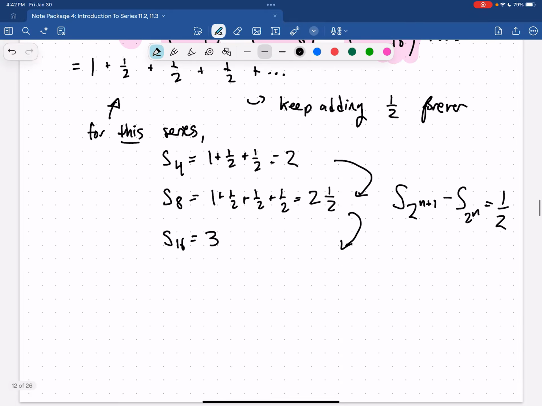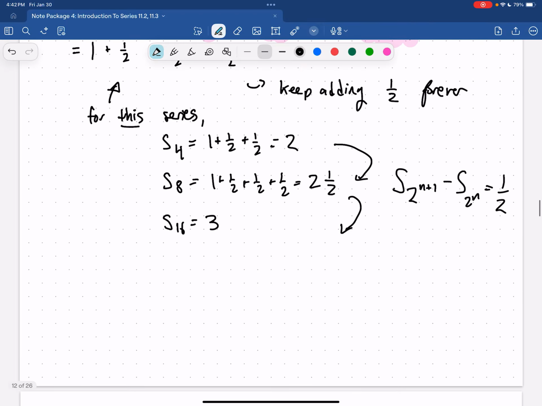And so if we look at just those parts of the partial sum sequence, we can kind of make a pattern here, right? Here, this S4 we could write as S2 squared. S8 we could write as S2 cubed. S16 we could do as S2 to the 4.